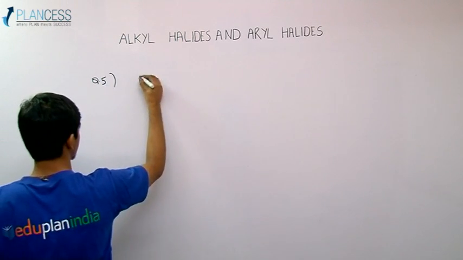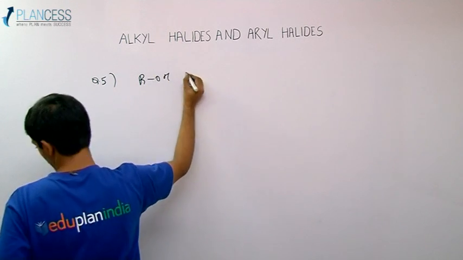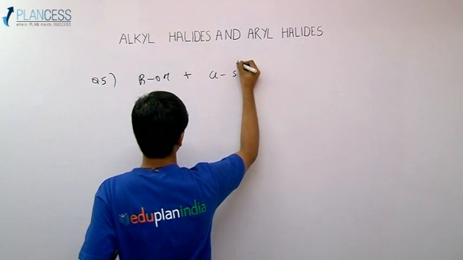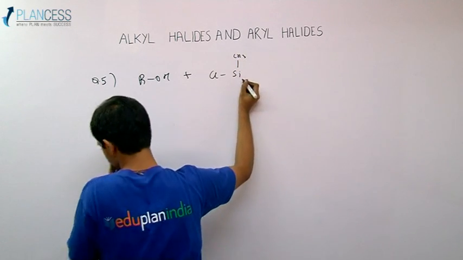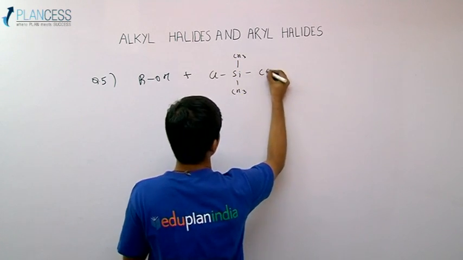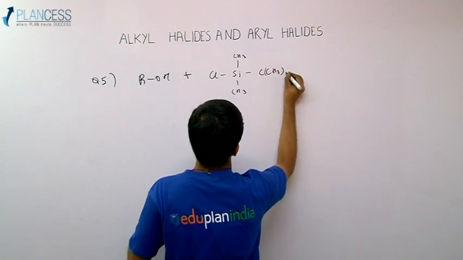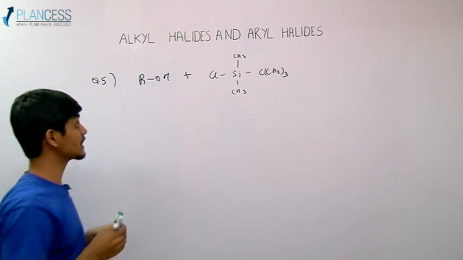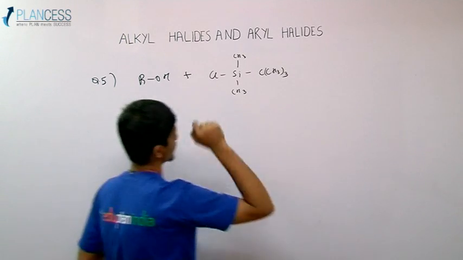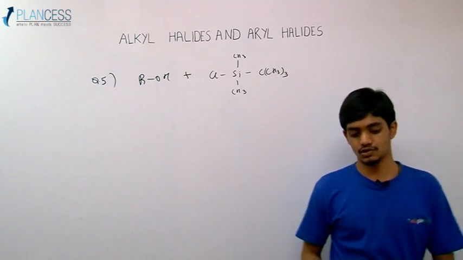ROH alcohol plus a big reagent, Si(CH3)2 Cl and C(CH3)3. So quite a big reagent. We have a silicon atom, a chlorine atom attached to it, and we have some alkyl groups attached to it.